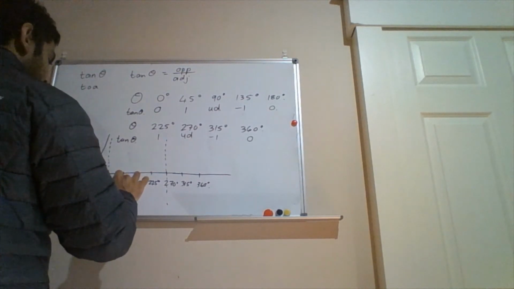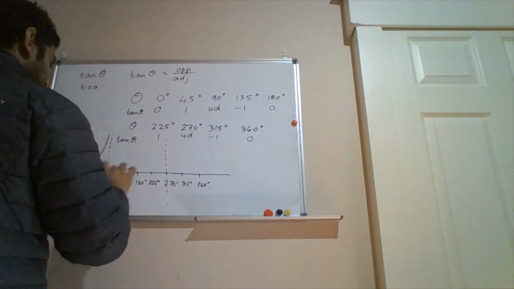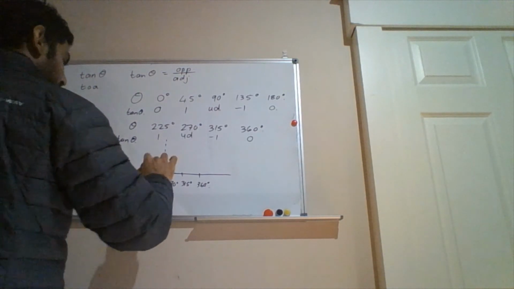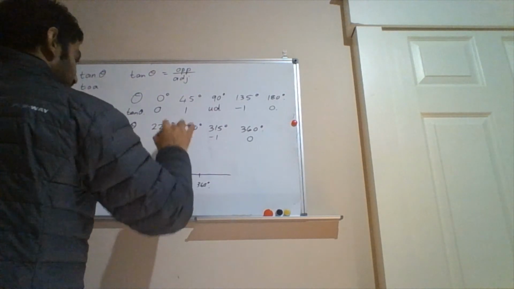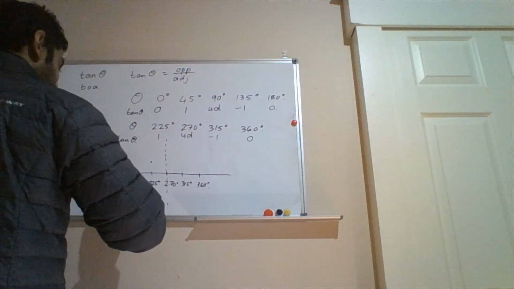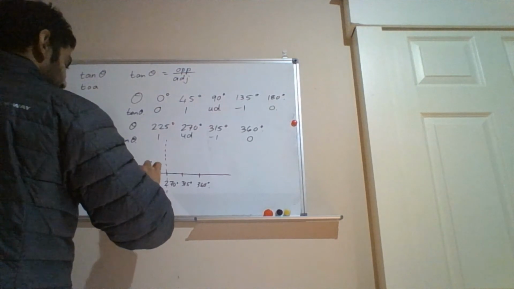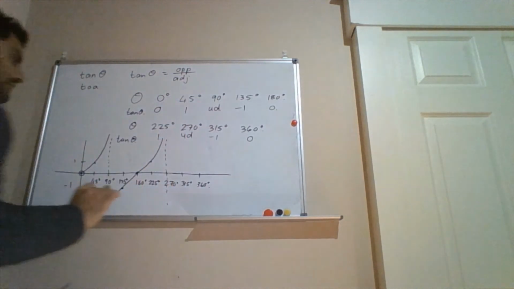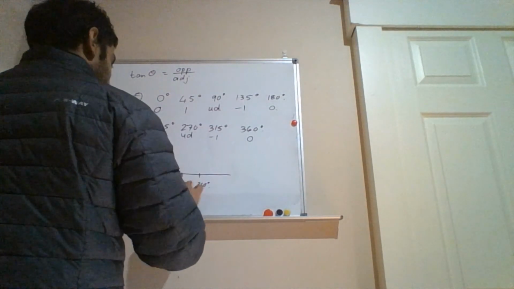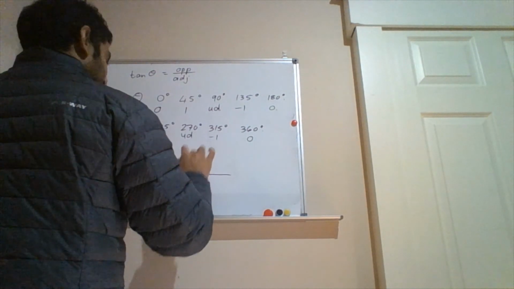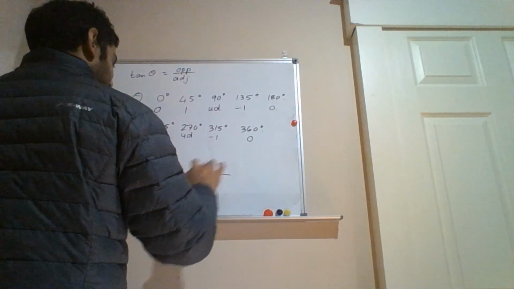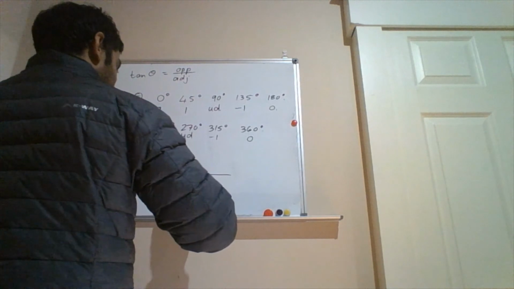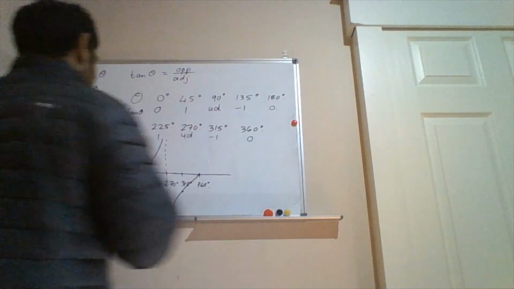On the other side, 135 is negative 1, 180 is 0, 225 is 1. So from this side, it's negative infinity, and from this side, it's positive infinity. Let's continue. 315 is negative 1, 360 is 0, and we get this.